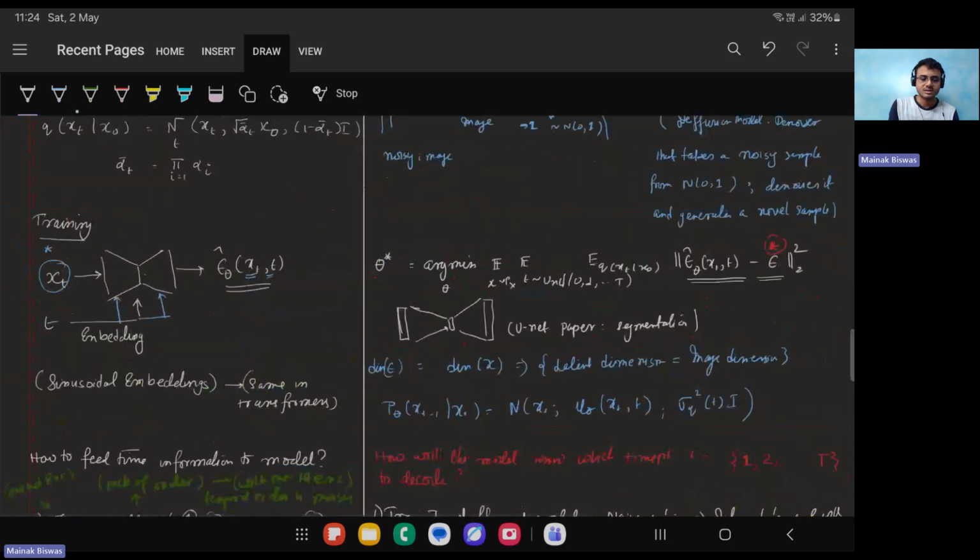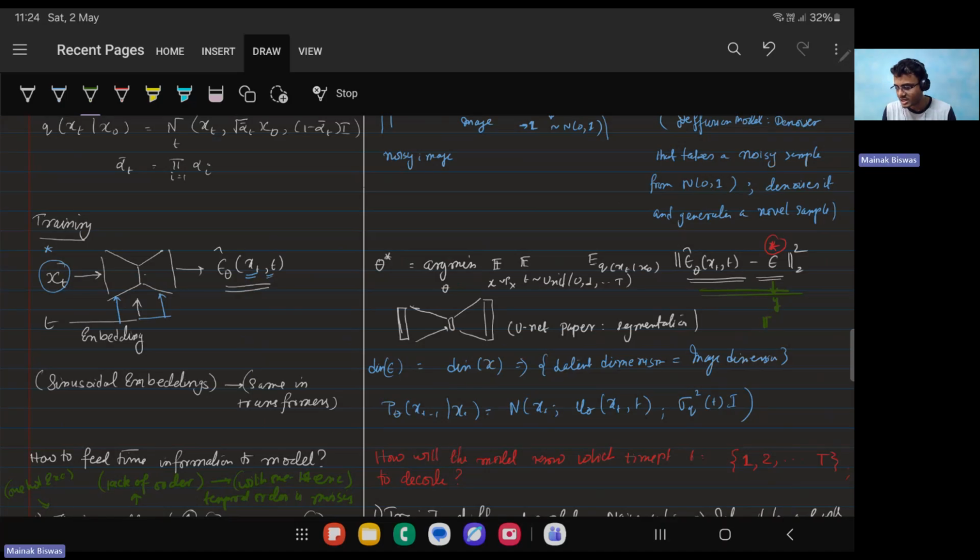We have an expectation over a mean square error between a function that predicts the noise and the noise that was given. So the optimal function that you are going to have is the expected value of the noise that was added given the noisy input, right?